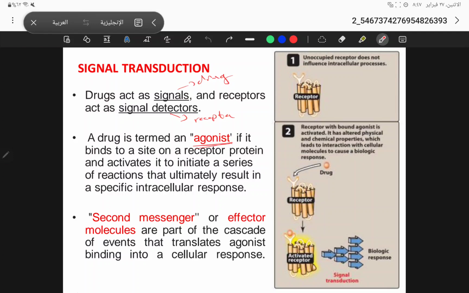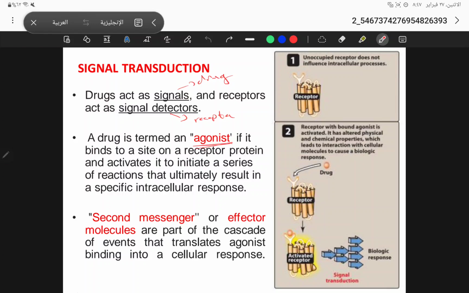If it binds to a site or receptor protein and activates it to initiate a series of reactions, so when drug-receptor interaction happens, what do we have? A series of reactions, a cascade of different processes.